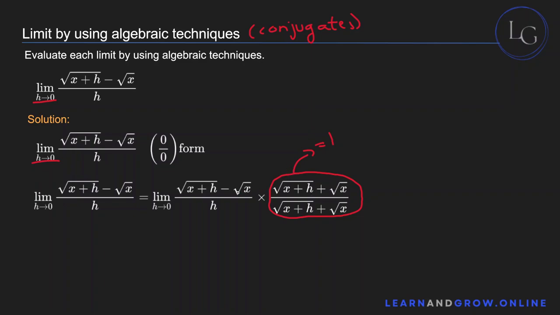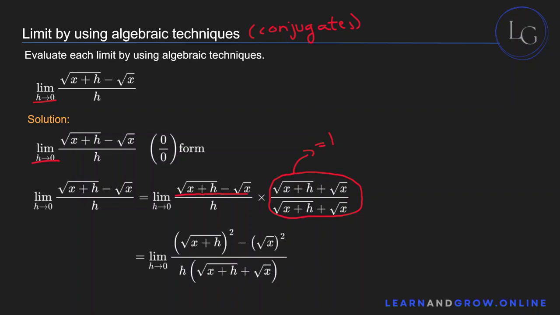You multiply the numerator and the denominator with the conjugate of the numerator. In some cases you have to multiply it with the conjugate of the denominator. It depends on which one is more complex. This simple h, you cannot do anything with it.